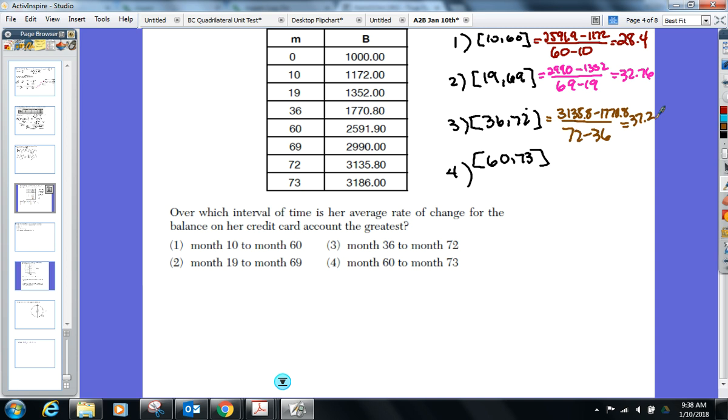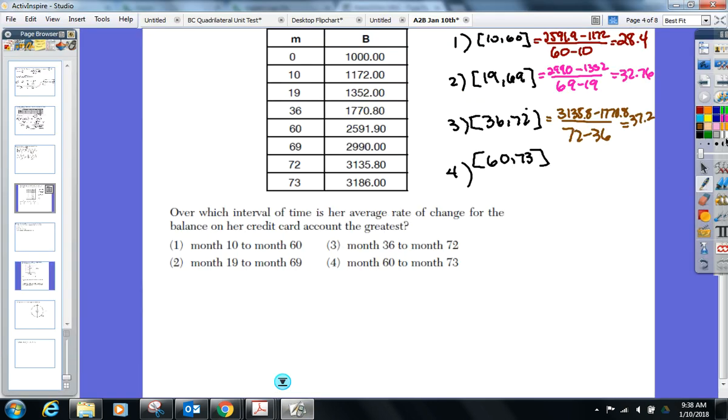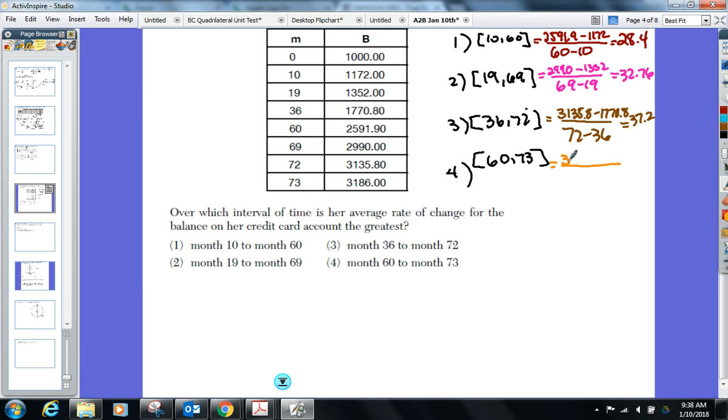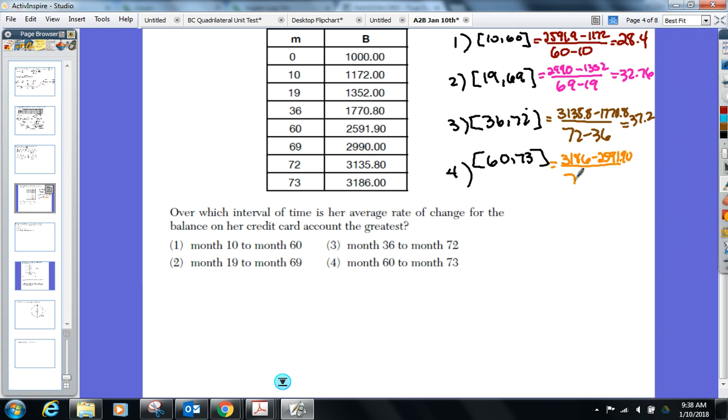Okay, so 1 and 2 are obviously out. All right, so let's check 4 finally. Here we go. 9. And what are we looking at for this one?